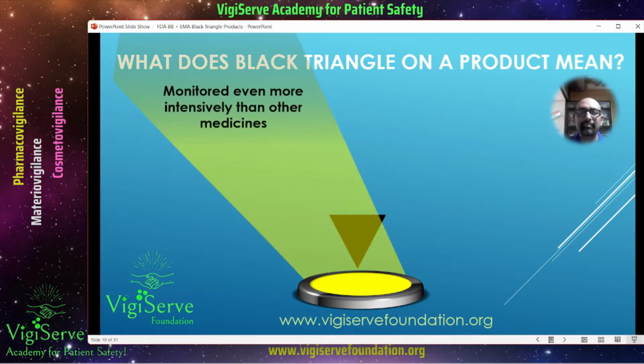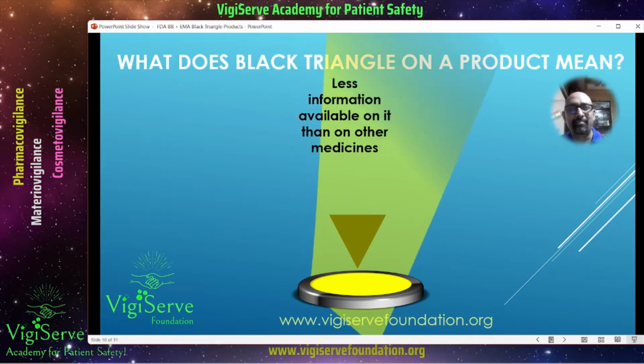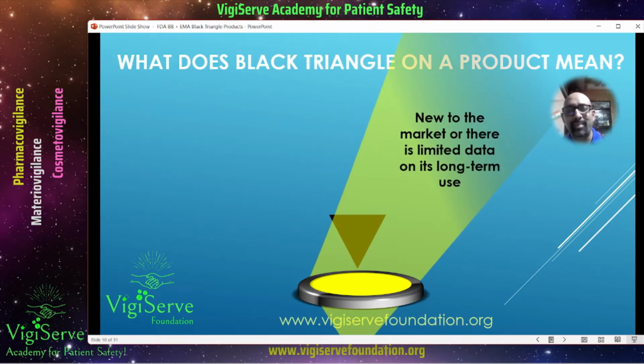It means that the medicine needs to be monitored more intensively as compared to other medicines, because there is less information already available in the market. You don't know, as compared to other medicines, very little information is known, probably a new medicine. And finally, it is new to the market, or it has limited data on its long-term use. So all this information you understand looking at the black triangle symbol.